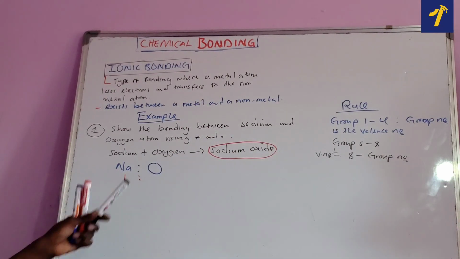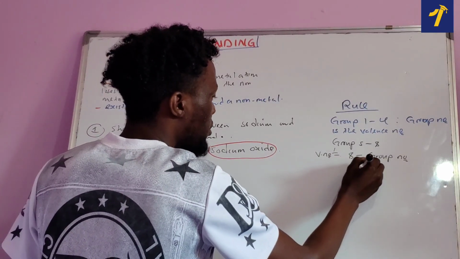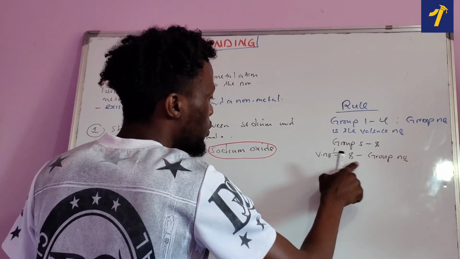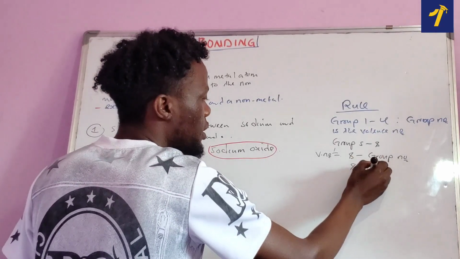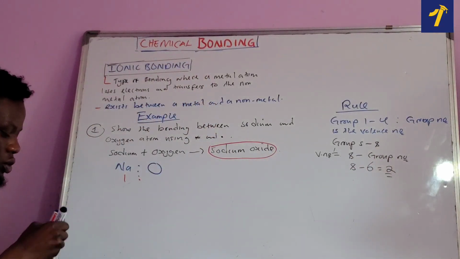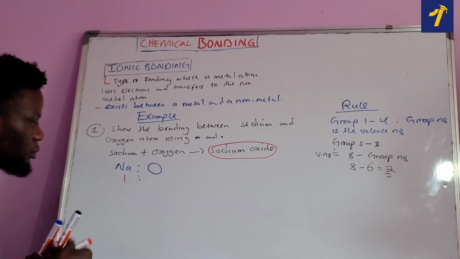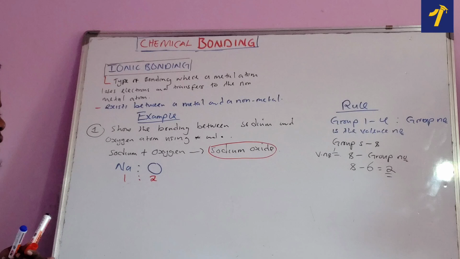Okay, so now oxygen is in group 6. What are you going to do? You're going to say 8 minus the group number of oxygen, which is 6. Then you're going to get 2. So here we're going to put 2 here. Alright? Then what are you going to do?